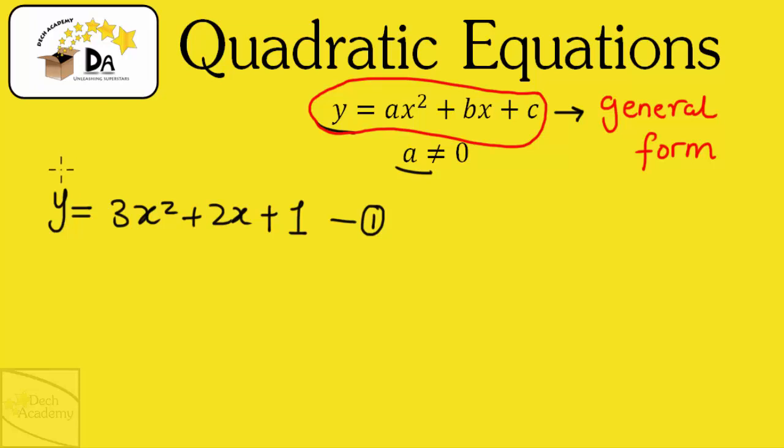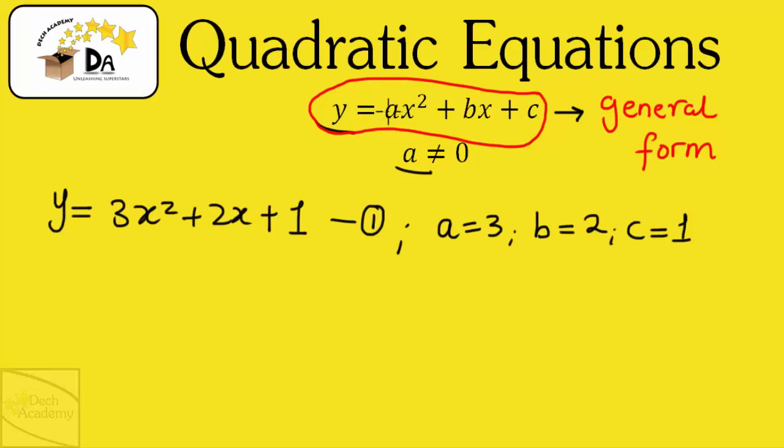Now, just comparing equation 1 to the general form, you can tell that a is 3, b is 2, and c is 1. x squared is a variable term which appears here and also appears here. The coefficient of x squared here is 3. The coefficient of x squared in the general form is a.